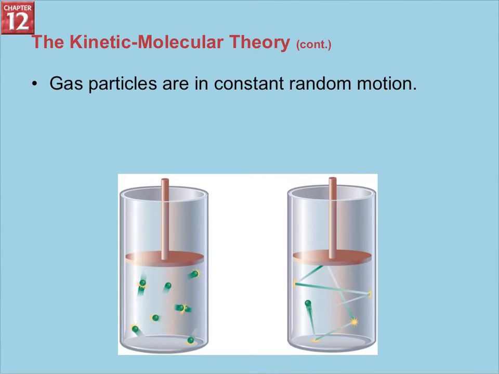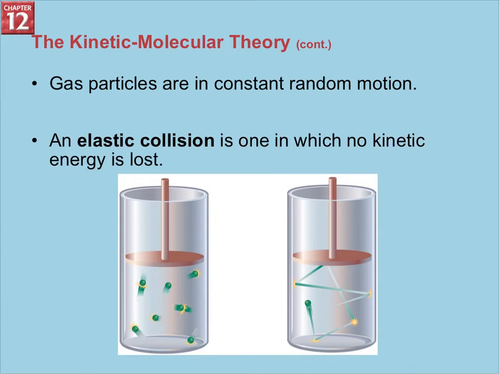Gas particles are constantly in random motion. So just looking here, when you have gas in a cylinder and you begin to compress it, you start to see motion. An elastic collision is one in which no kinetic energy is lost.